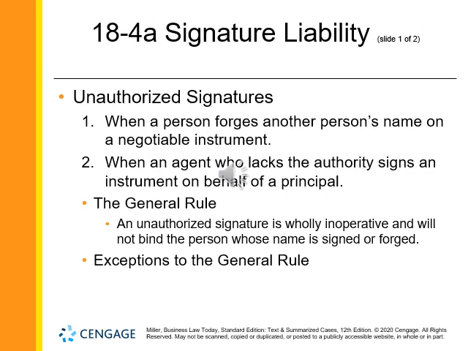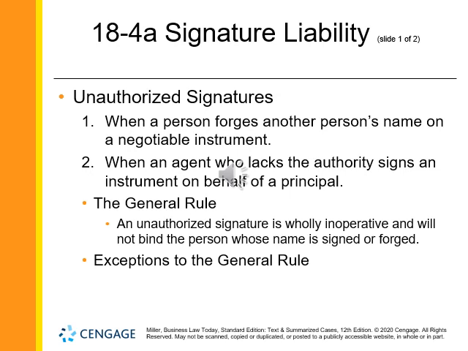Unauthorized signatures. When a person forges another person's name on a negotiable instrument, or when an agent who lacks the authority signs an instrument on behalf of a principal, it is considered an unauthorized signature. As a general rule, unauthorized signatures are wholly inoperative and will not bind the person whose name is forged.